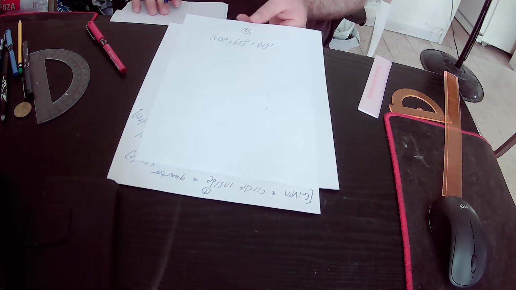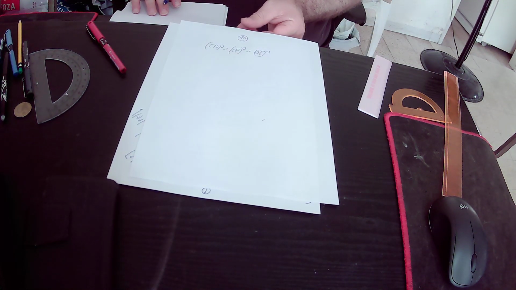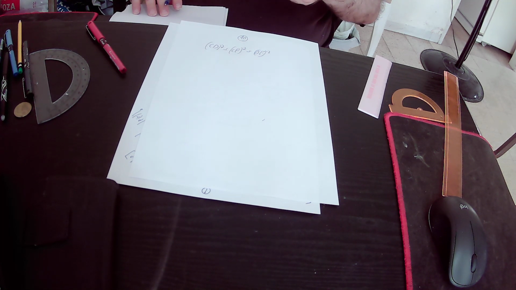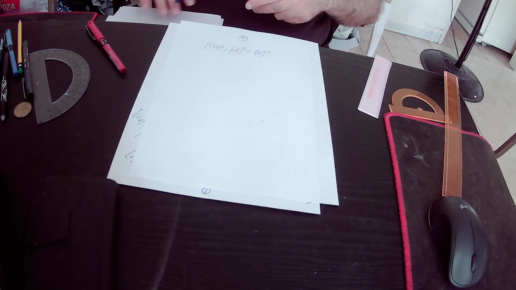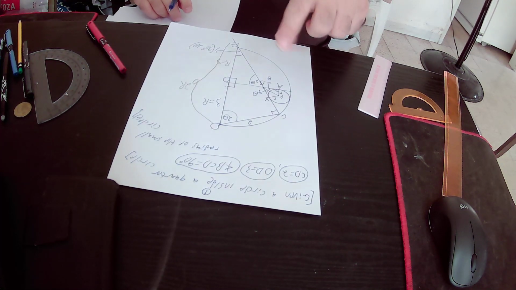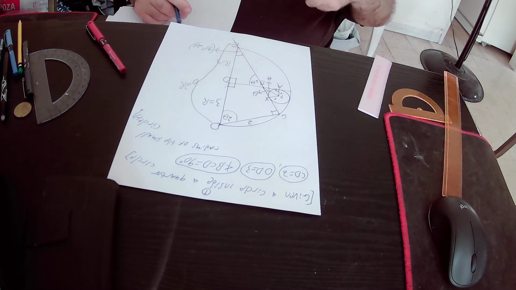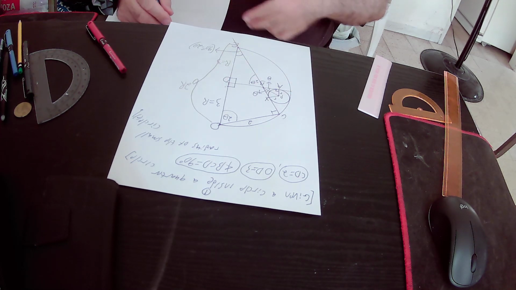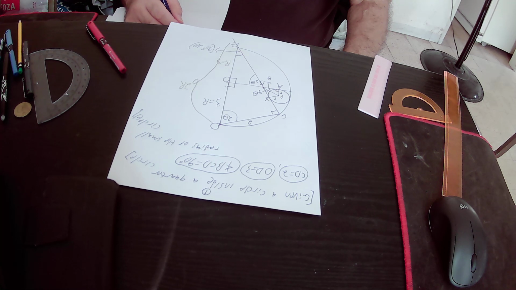Again, in the right triangle CDE, according to the Pythagoras theorem, CD square plus CE square equals DE square. But what is the value of CD? CD equals 2 units. It is given in the question. So CD square is 2 square, which is 4, plus CE square equals DE square.